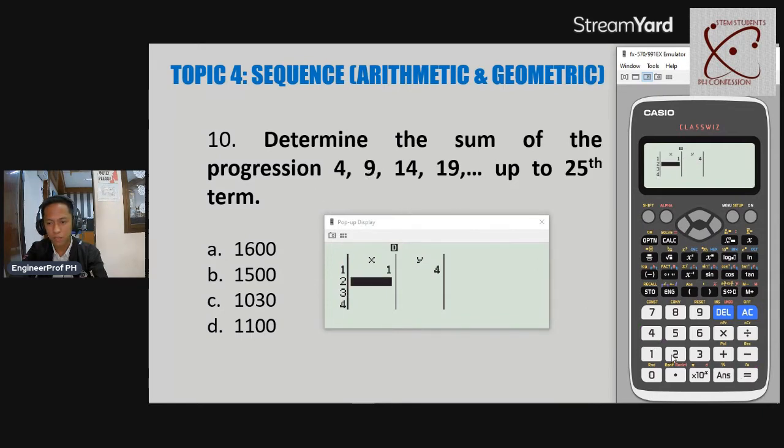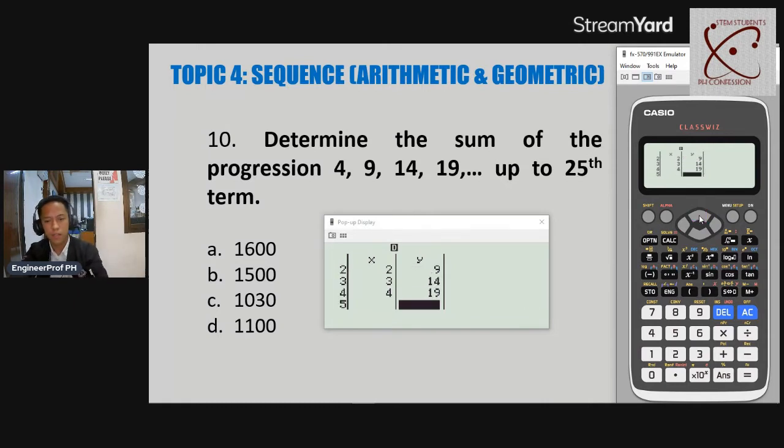So, for the second term, that is 9. Okay, 9. Put lang natin. For the third term, basically okay na to. Pero sige, lagay pa natin yung other data. Okay, para maganda siya tignan. Okay, so we have here, for the third term, we have 14. And for the fourth term, we have 19. Ayun. So, kompleto na yung data natin.